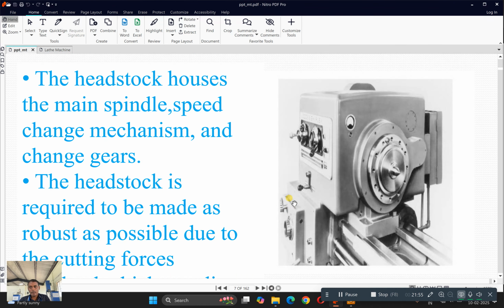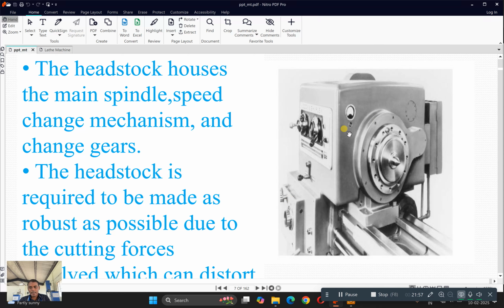So what they are insisting here is that if your headstock is not made with sufficient rigid support, or it does not have sufficient strength, then it will lead to easier distortion, because a large amount of cutting forces and vibrations take place whenever your tool post or your tool comes in contact with the workpiece. So all those forces must be withstood by this headstock, okay. So this headstock should be made very rigid.